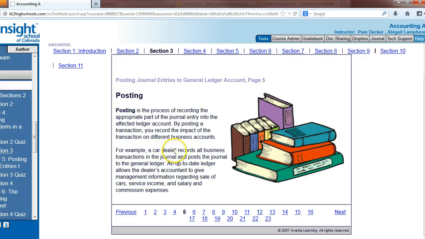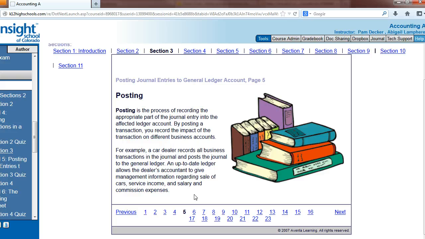For example, a car dealer records all business transactions in the journal and posts the journal to the general ledger. An up-to-date ledger allows the dealer's accountant to give management information regarding sale of cars, service income, and salary commission expense. So again, the ledger summarizes what was in the journal.